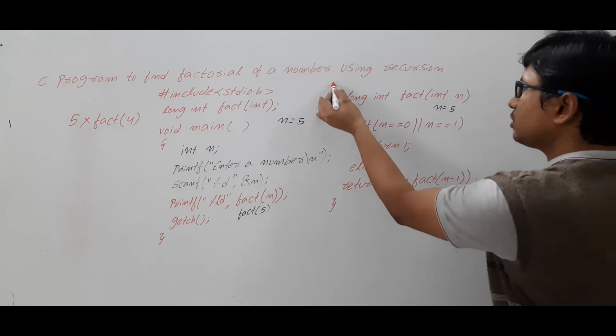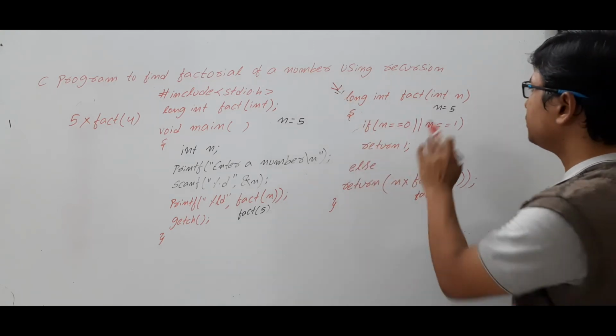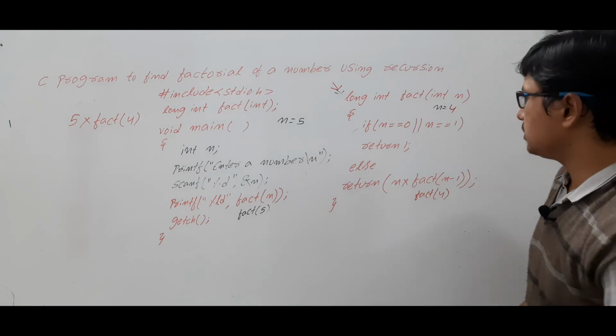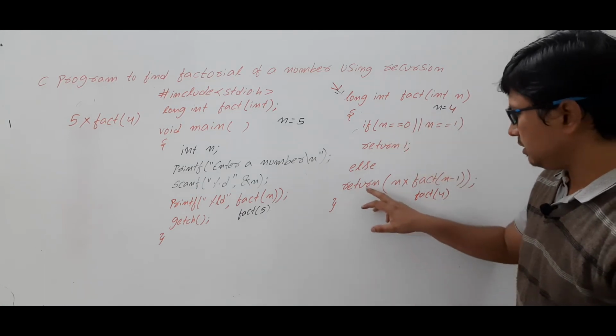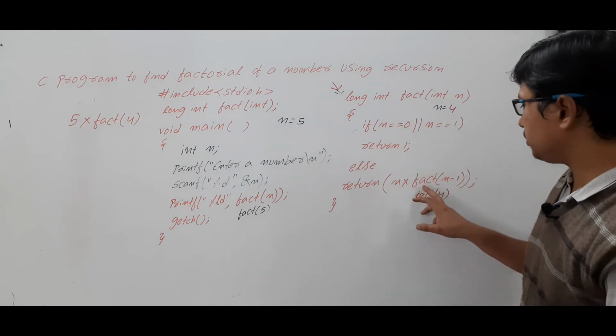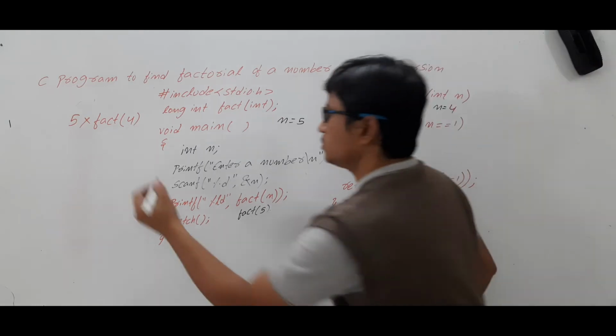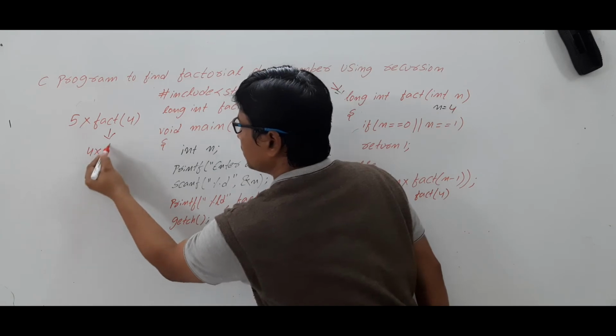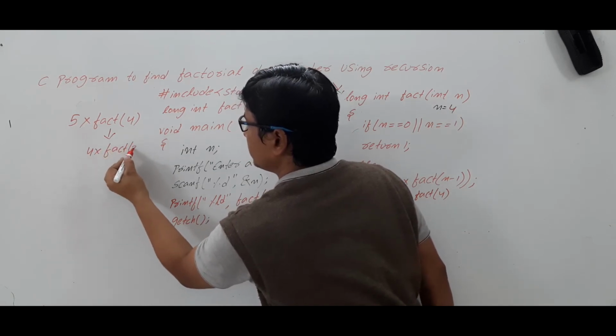So again the control will come here. Now what is the n value? n value is 4. So again this condition will fail. Again it will come here, n into fact of n minus 1, which is nothing but 4 into fact of 3.